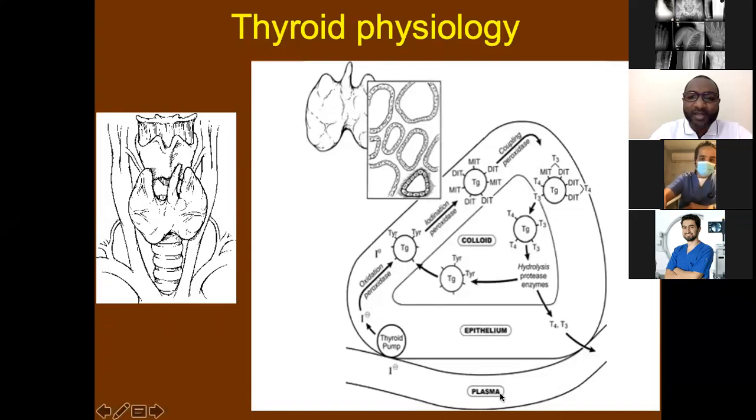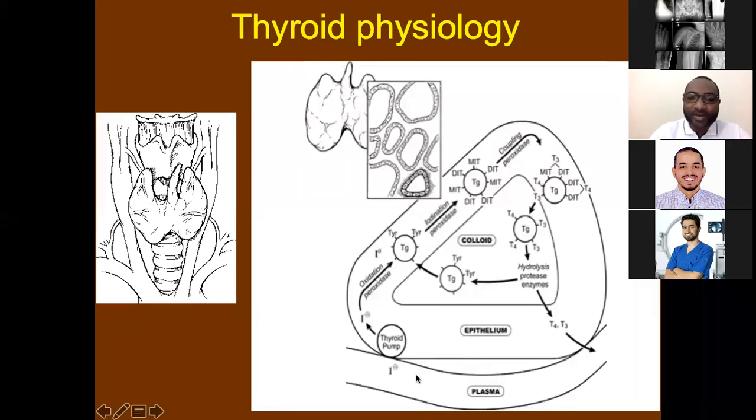The main function of the thyroid is that it metabolizes iodine. Iodide in the plasma is trapped into the follicular cell by the sodium iodide trapping mechanism. Through that process, there is organification, a complex system. There is coupling, and eventually there is formation of the two thyroid hormones, T3 and T4, which are stored within the thyroid follicles and then released into the plasma as the need requires.